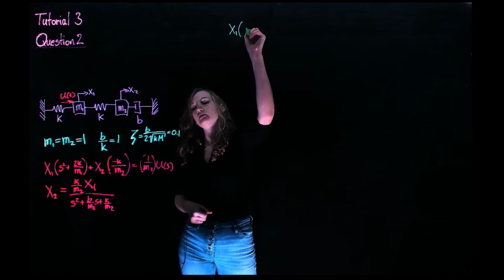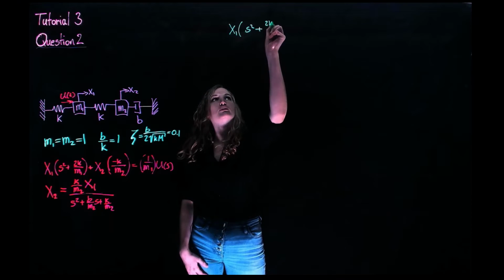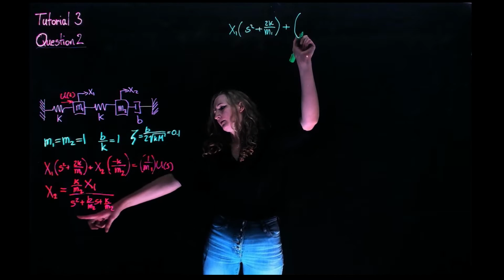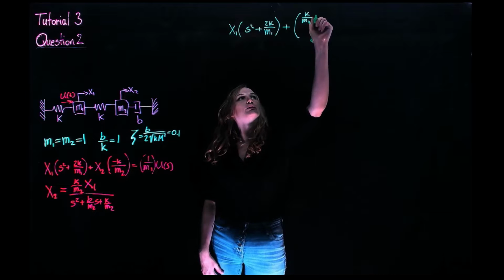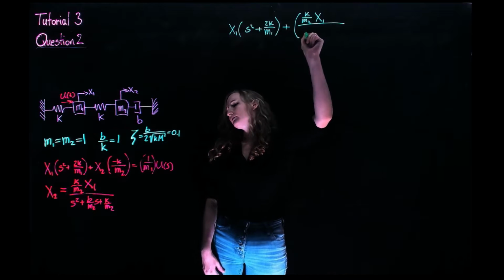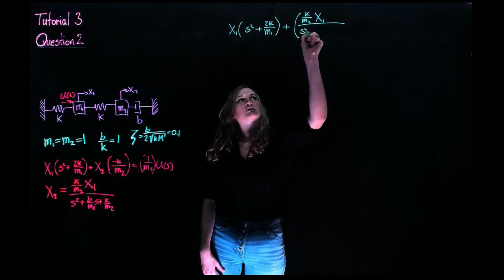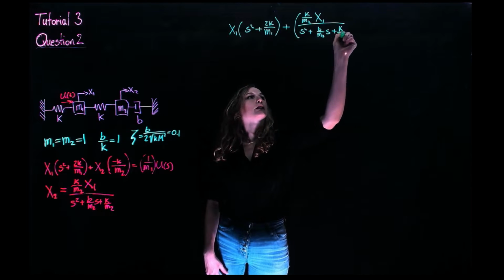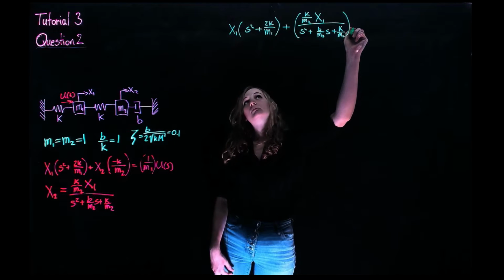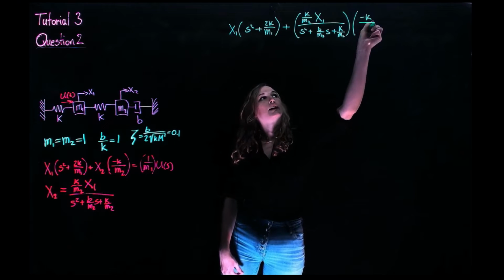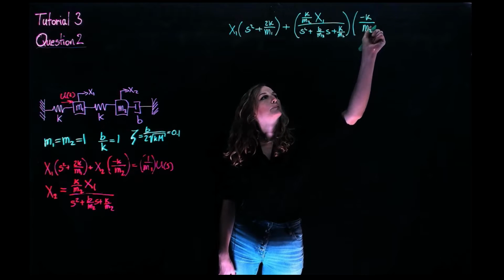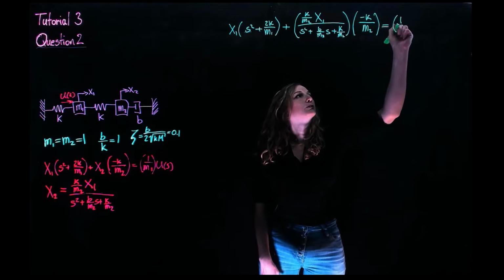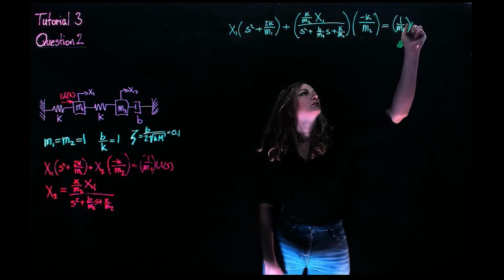So we have x1 s squared plus 2k over m1 plus, here we plug in x2, and we get k over m2 x1 over s squared plus b over m2 s plus k over m2 times negative k over m1. And that is equal to 1 over m1 u.